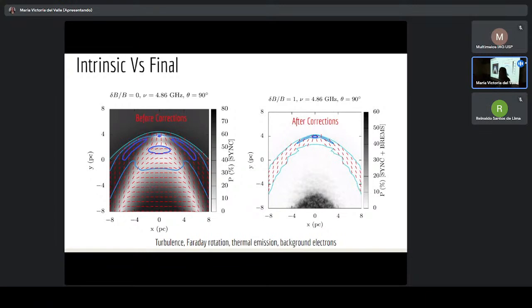Yes, but there are a lot of modifiers of this degree of polarization, and we need to take them into account. Otherwise, we are going to make a very bad prediction if we compare with the final result, considering all these effects on the polarization. Again, for the case that we are investigating, we won't be able to see a lot of polarization, or maybe any polarization.